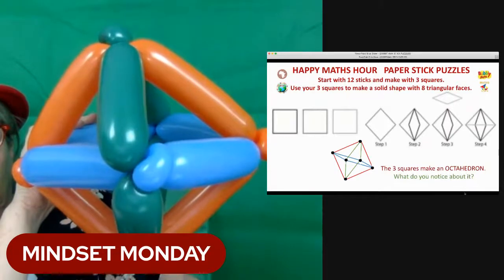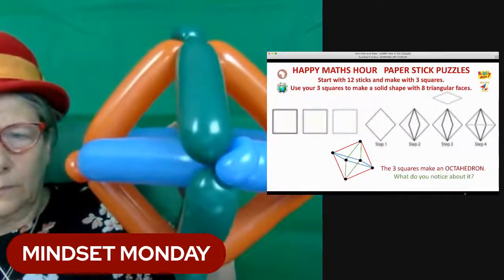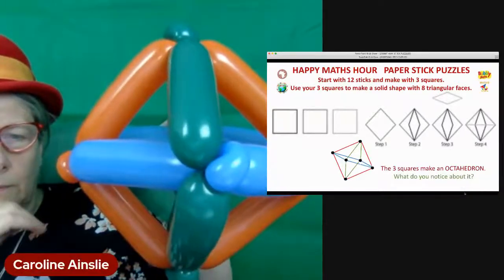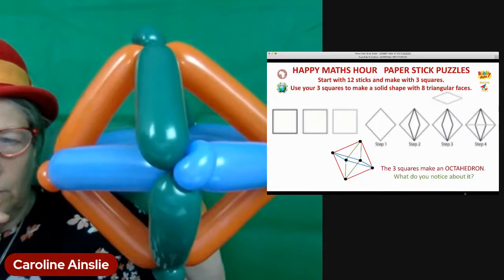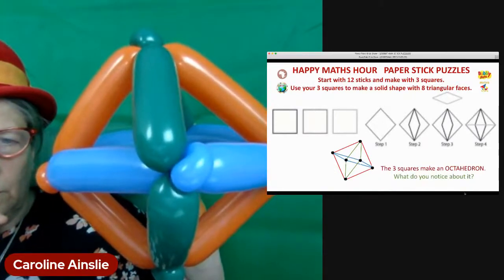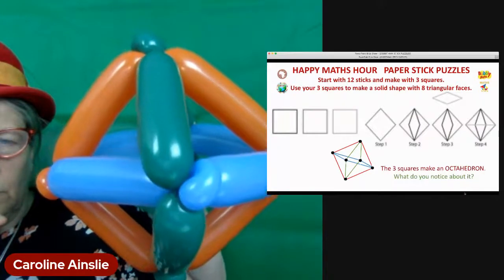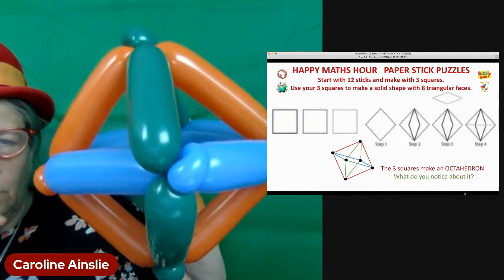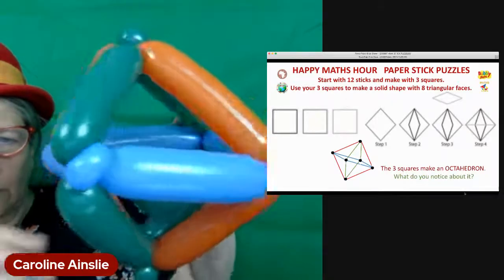And the octahedron is the same on the top as it is underneath. And if you cut through the blue square, that is a mirror for the top and the bottom of your octahedron. So we say the octahedron has symmetry by reflection in that square.